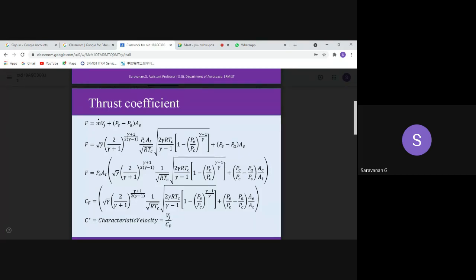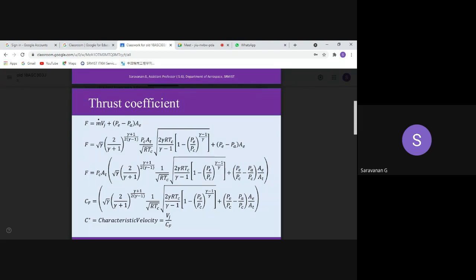Using that, m dot can be substituted and Vj can be substituted, and you can go for P minus Pa into AE. Next, I took PC AT as a common term outside, and kept the other terms as they are. Then rearrange it. That is the next step. The second step is PC AT taken outside.